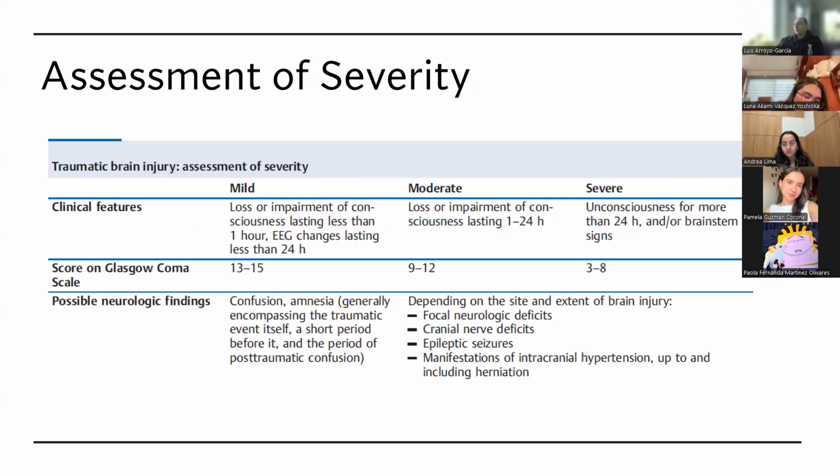And severe, more of a coma state, is unconsciousness for more than 24 hours, or any brainstem signs. The neurological findings are confusion, amnesia encompassing the traumatic event, focal neurologic deficits, cranial nerve deficits, epileptic seizures, or intracranial hypertension.